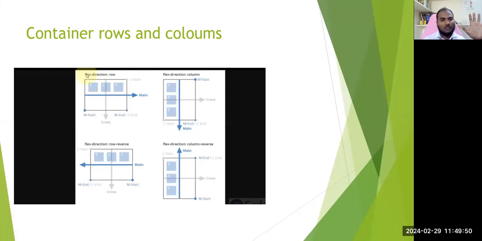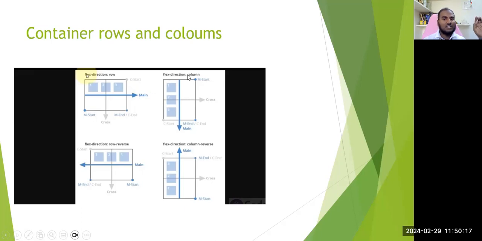Then the inner sections will have three kinds of positions: left alignment, middle alignment, and the right alignment. This is possible only when the main axis is towards the horizontal.